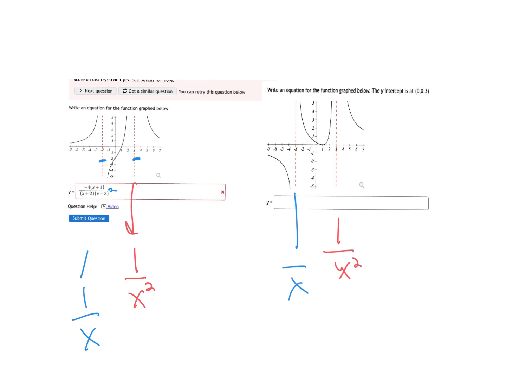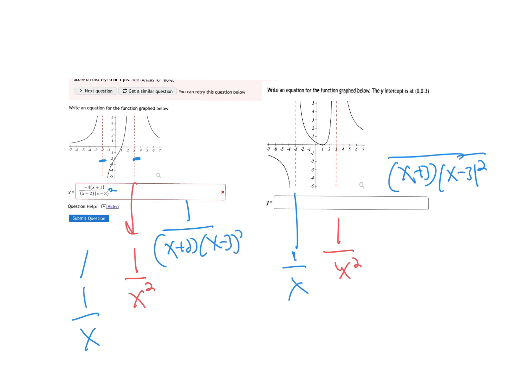Same thing here. This would be x plus 3, but that's the first power because that acts like 1 over x. But at x equals 3, we have to square it. Okay, so this one here would be written as 1 over x plus 2 and x minus 3 squared.